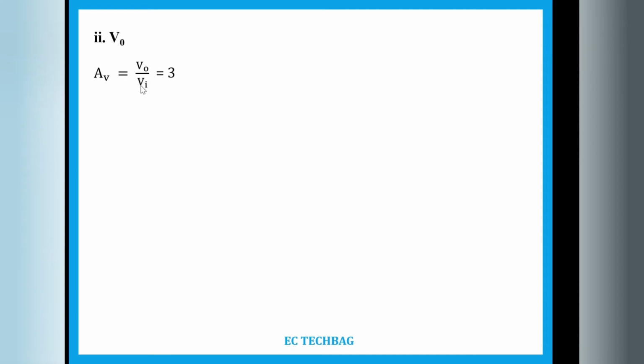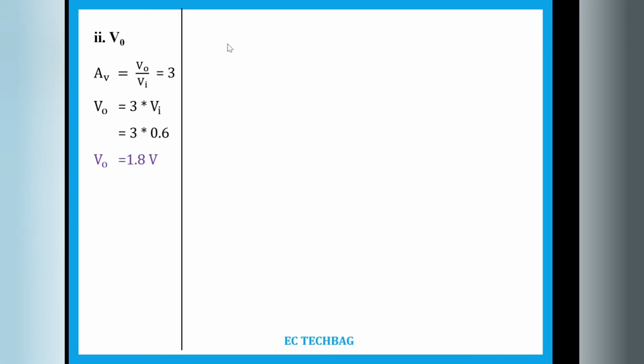Here Vi, that is the input voltage applied to the operational amplifier, is 0.6 volt. So we know Vi and AB. So from this you can find V0. V0 is equal to 3 multiplied with the input voltage Vi. Input voltage is 0.6, so you get 1.8 volt. So output voltage is 1.8 volt.